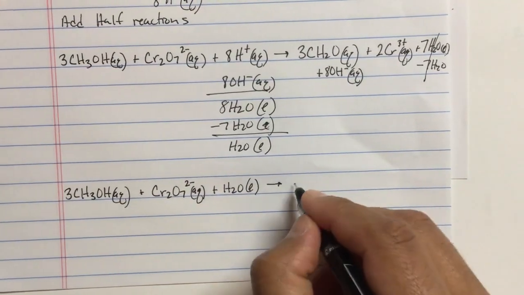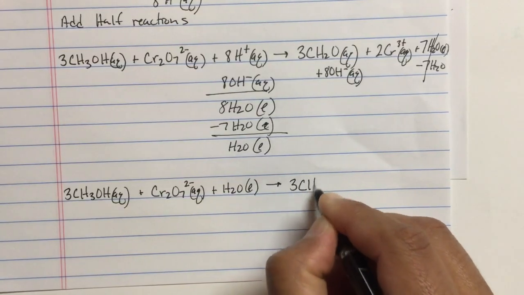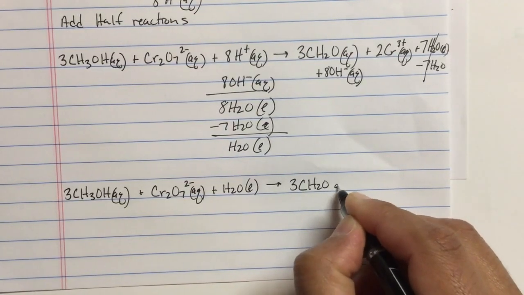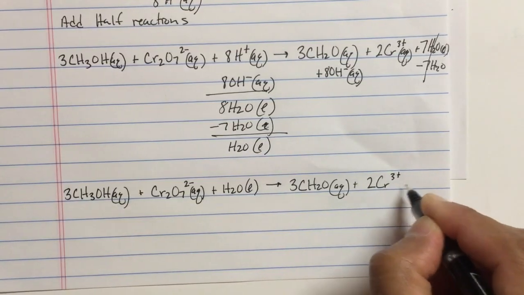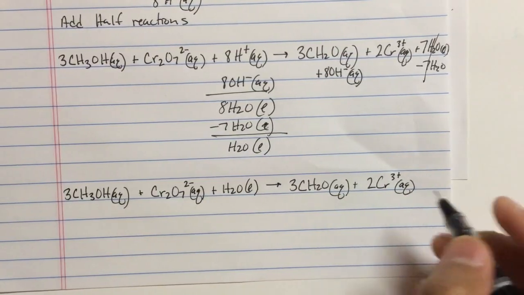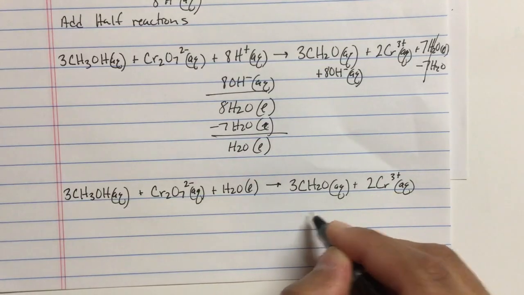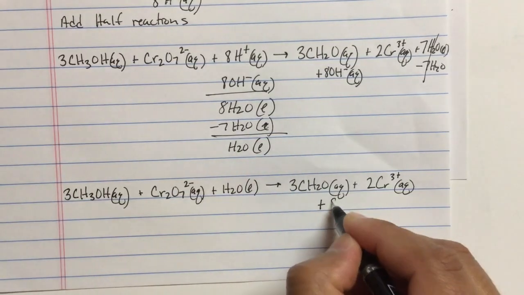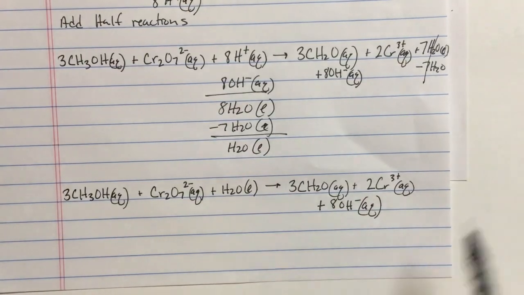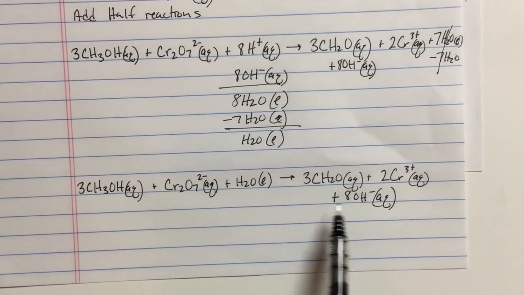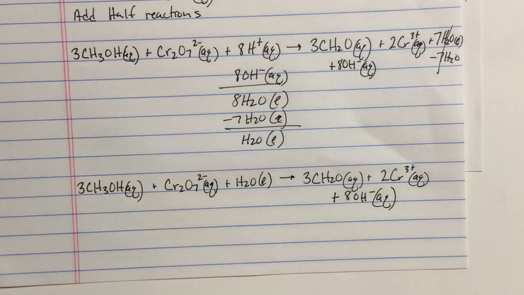And on the product side, we have our 3 CH2O, our 2 chromium, and our 8 hydroxide. So you notice in the basic solution, you should always have those hydroxides remaining. You should not have any hydrogens remaining, because remember, the hydroxide in a basic solution will neutralize those hydrogens.